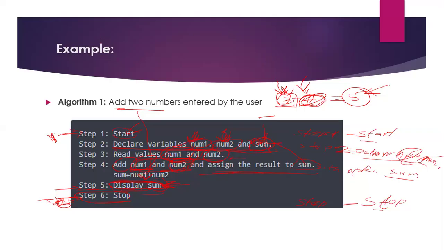There can be some problems we can solve with 4 steps, or sometimes a solution can take 10 or 12 lines, 12 steps as well. So there is no exact step count for a solution, but the first step should be start, and the final step should be stop. These two are important.